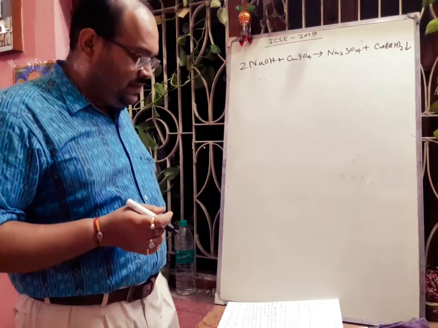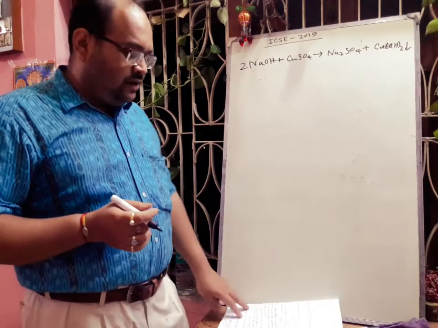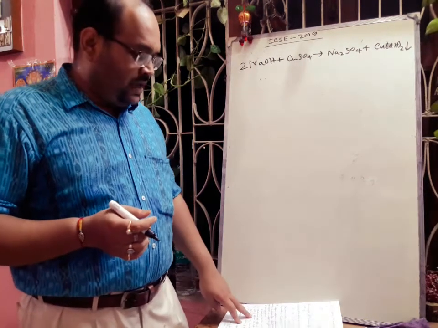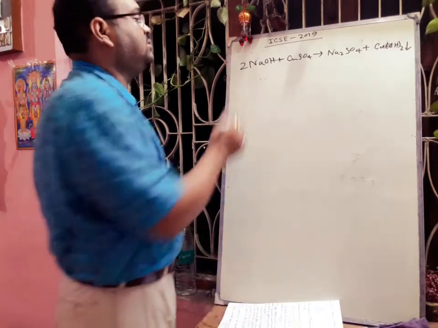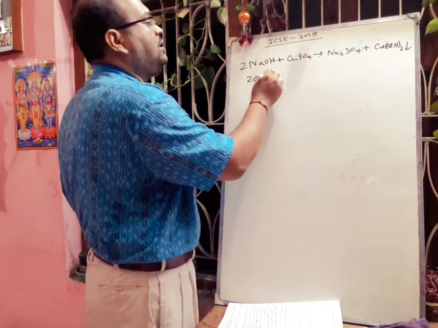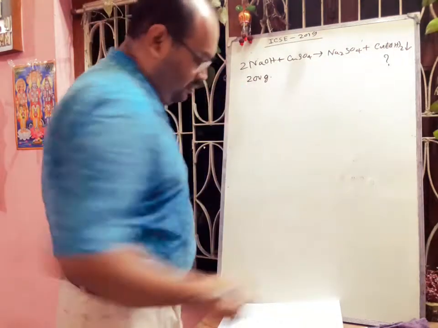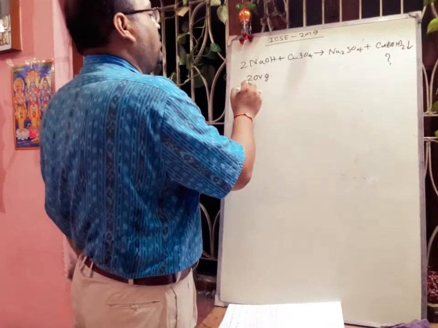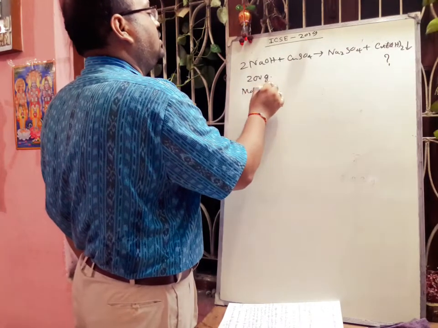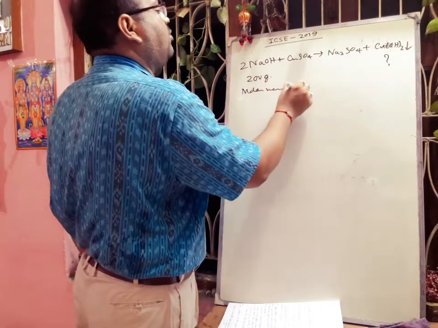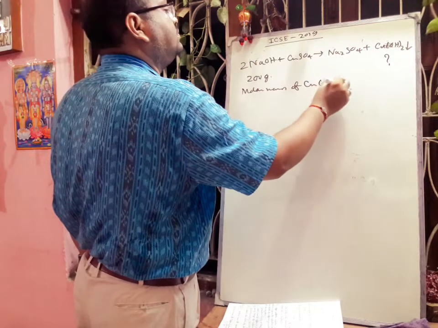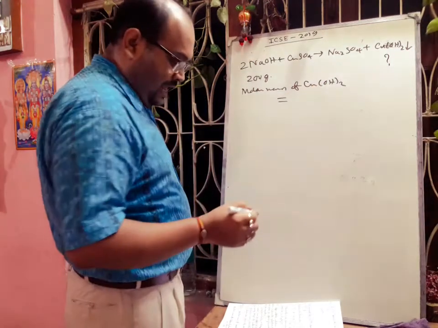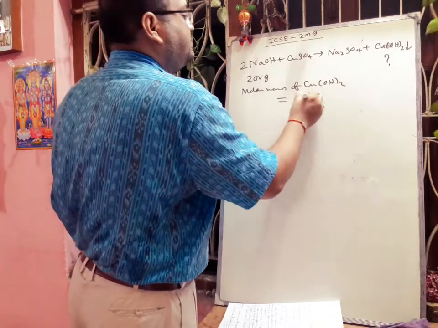Now the question is, what mass of copper hydroxide will be precipitated by using 200 gram of sodium hydroxide. So the sodium hydroxide amount is given, and you have to find out the amount of copper hydroxide. First you have to find out the molar mass or formula mass of copper hydroxide. If you calculate it, you will get 98.